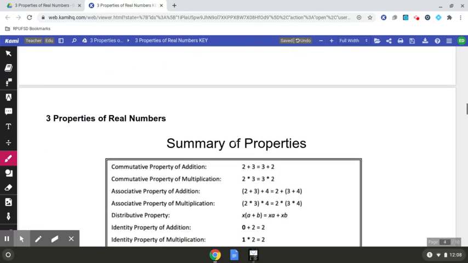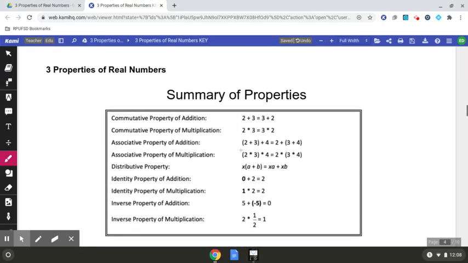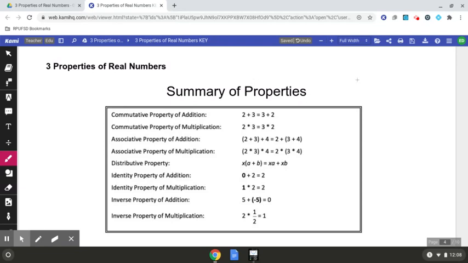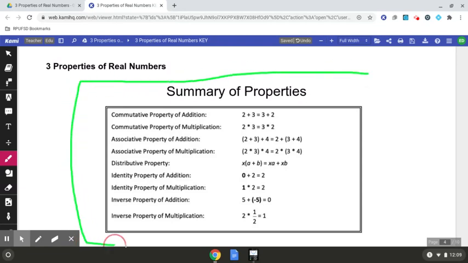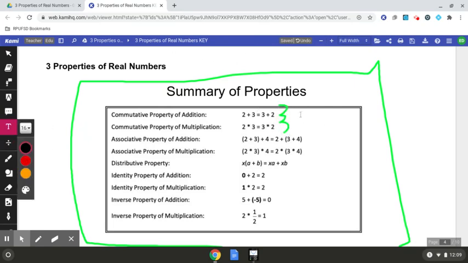Okay, so just a brief summary now of these properties that I just went through. This is a good little cheat sheet to have because you can always refer back to it. So both commutative properties, of addition and multiplication, say that you're changing the order.